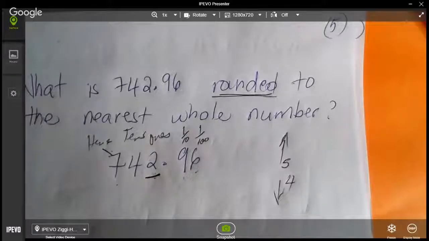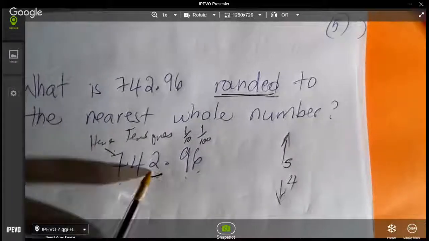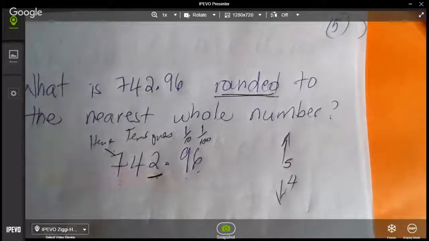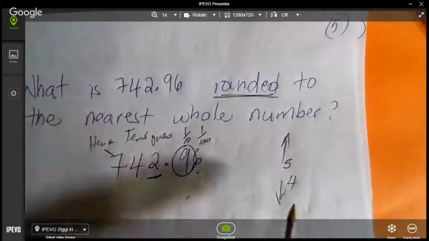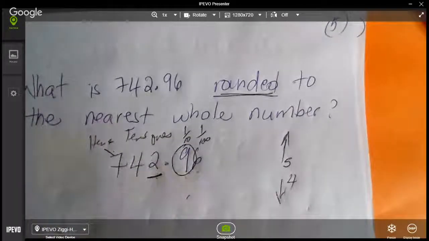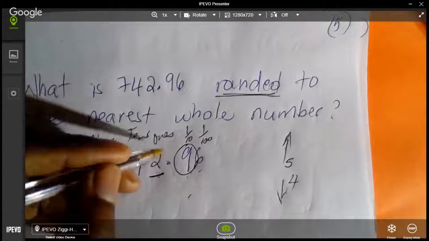If the digit to the right is 5 or more. So what number is to the right of the 2? 9. Which group is this 9 going to fall in, rounding down or rounding up? Rounding up. So we're going to add 1 to the digit we're rounding.